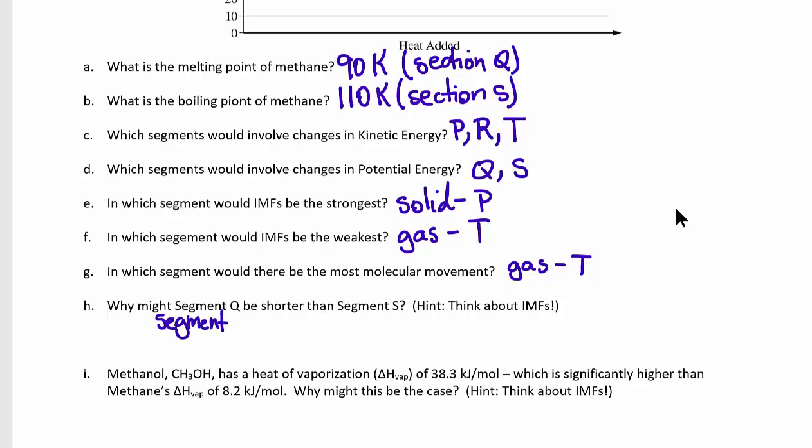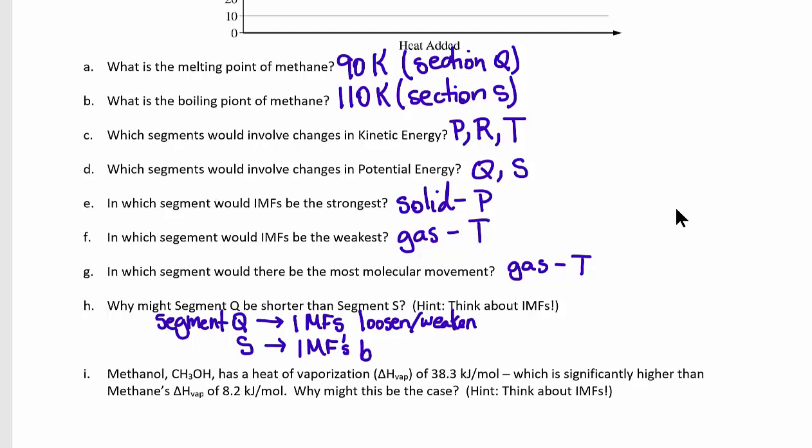In segment Q, your IMFs are just loosening or weakening. It's going from a solid to a liquid, so they're not completely broken. In segment S, your IMFs completely break because you're going from a liquid to a gas.